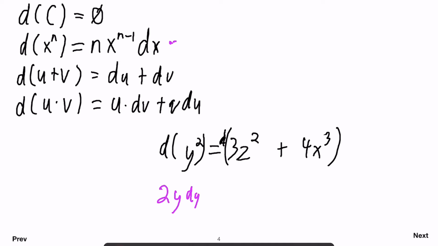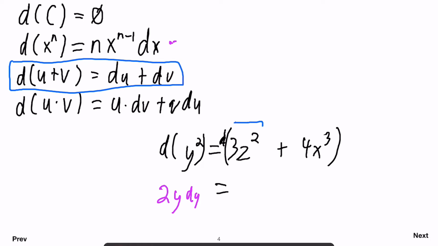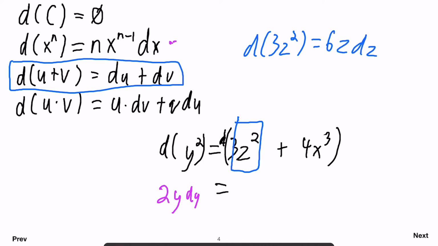And that is equal to, well, using our addition rule, we can separate these at the plus sign. So what's the differential of 3z squared? The differential of 3z squared is going to be 6z dz.